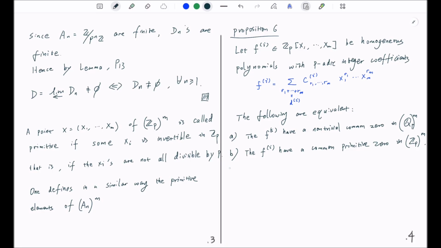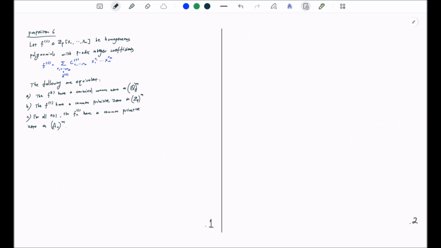And part C says for all n bigger or equal to 1, f^i_n's have a common primitive zero in A_n^m. Proposition 6 says that those three statements are equivalent. Now let's prove this.